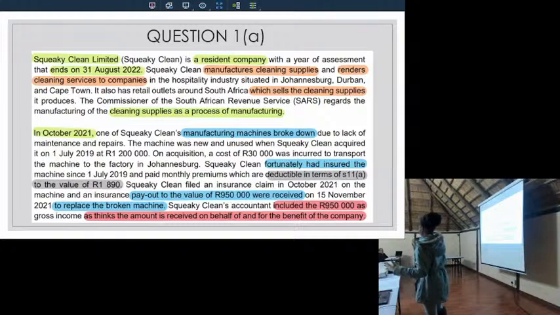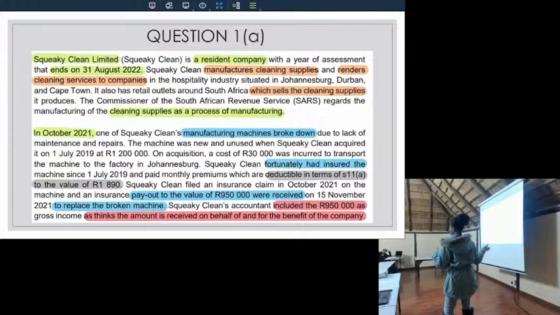It was a difficult question because there's another case law that makes things simpler, to show that any amount to fill a hole of a capital asset will be capital in nature, and any amount used to fill a hole of an asset that is revenue in nature will be included in terms of the gross income definition.